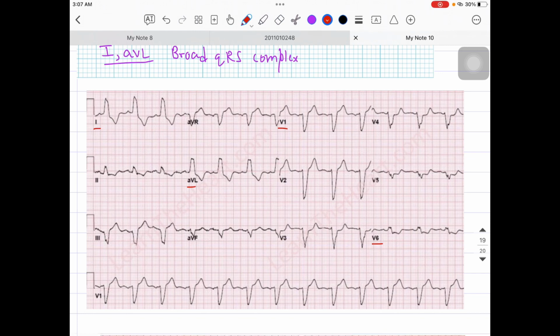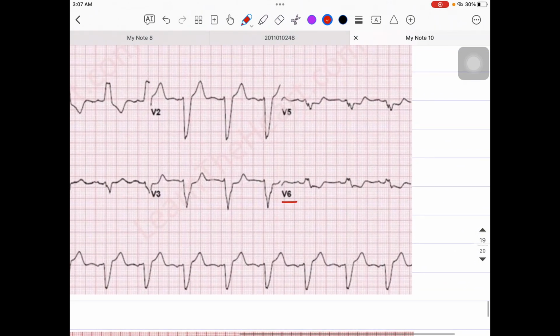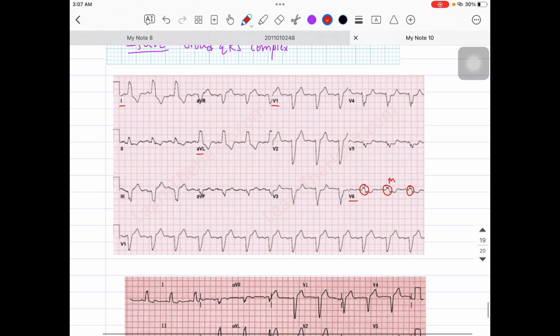In this patient, in V1 nothing much is there, but in V6 we can see there is a kind of M pattern, and in leads 1 and aVL there is a quite broad QRS complex, so we can say that this patient might be having left bundle branch block.